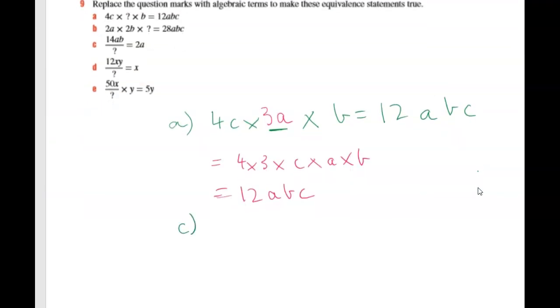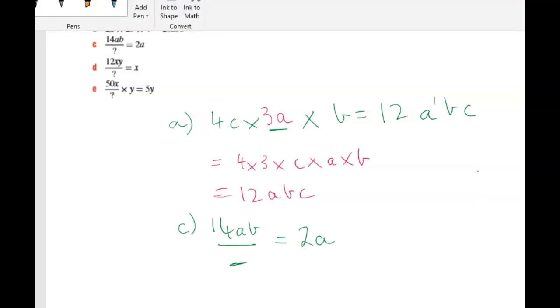Okay, so C, we've got 14AB over something. It's going to look a bit weird, but there's a question mark there. Equals 2A. Okay, let's get my pink pen. Looking at the number first, or your coefficient, we've got 14 on the left-hand side, but 2 on the right-hand side.